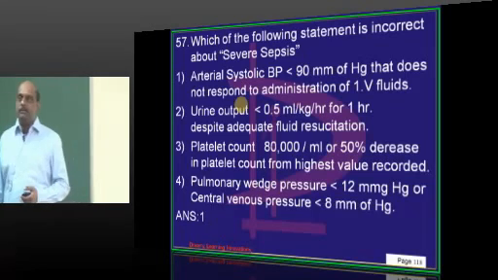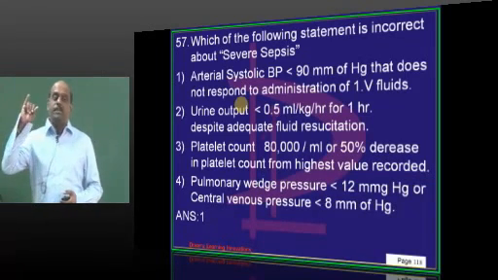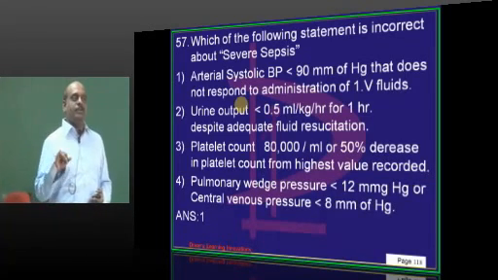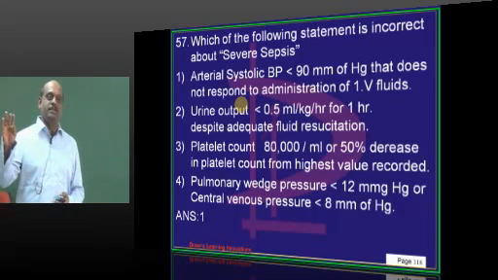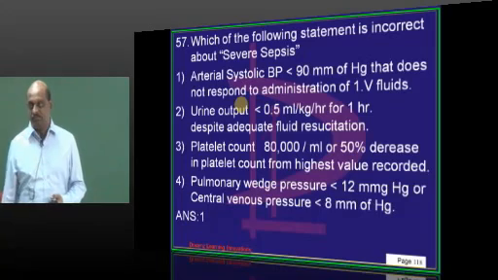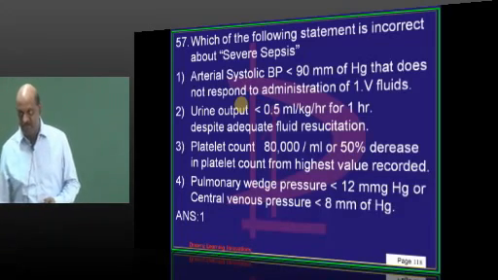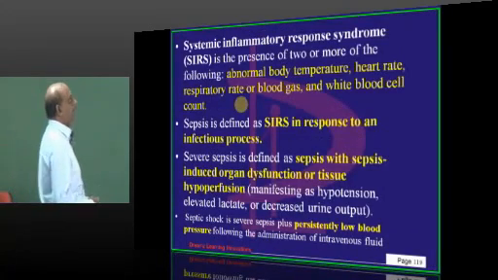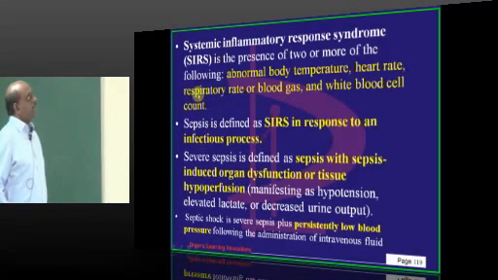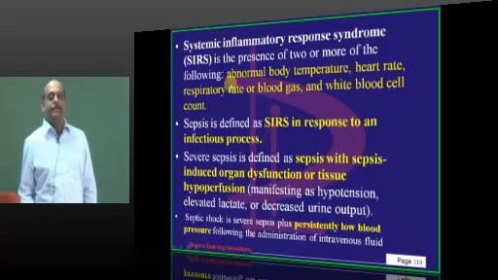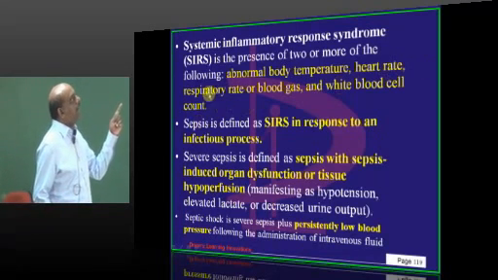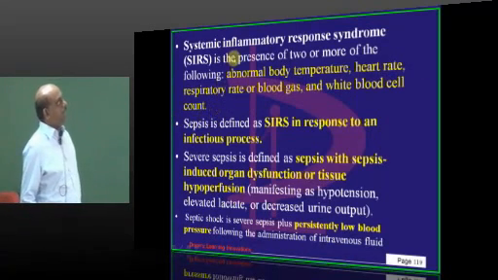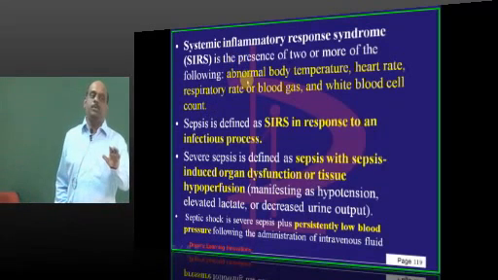Similarly, systemic inflammatory response versus sepsis, severe sepsis, ARDS. What are the criteria to define? It is a very important question, doctor. SIRS is abnormal body temperature, heart rate, respiratory rate, WBC count. It can be due to either infection or without infection also.